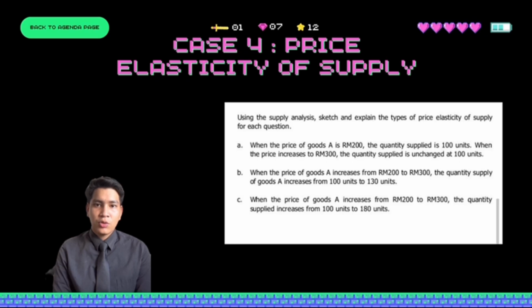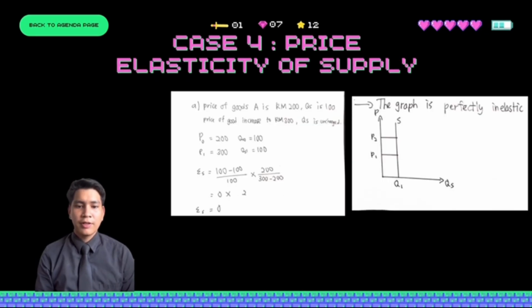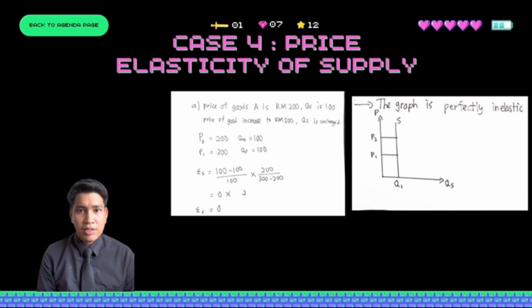180 units. Okay, for case 4A, the calculation is shown in the slide. The answer, the elasticity of supply, is 0. So this is perfectly inelastic.